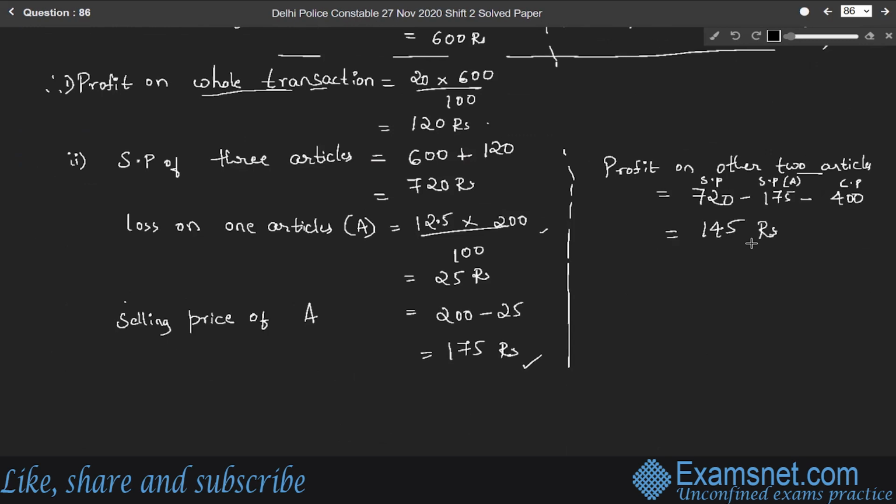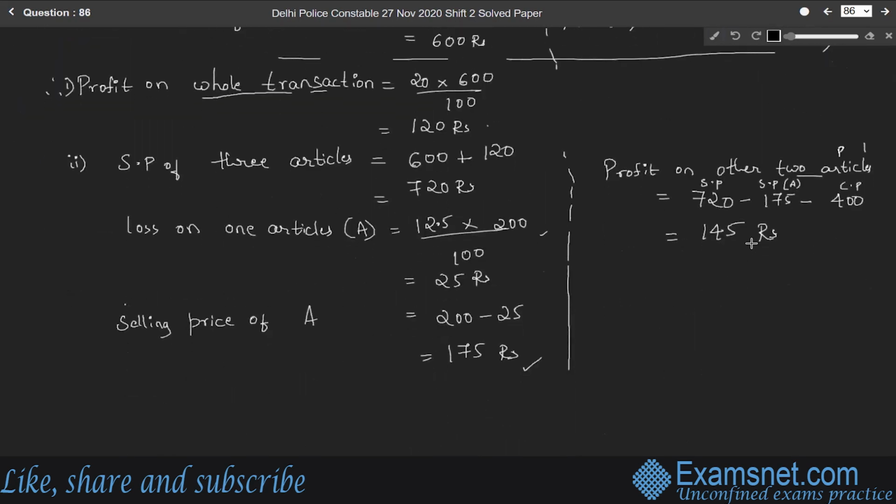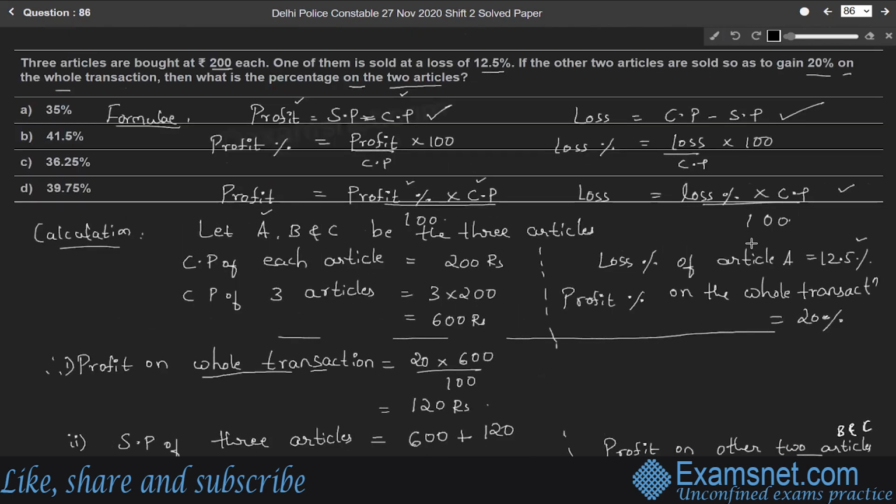Profit on the 2 articles B and C. In the question it is asked, what is the profit percentage on the other 2 articles? They have not mentioned whether it is profit percentage or loss percentage. It is given that they are sold to gain 20% on the whole transaction. Therefore, it has to be a profit percentage.